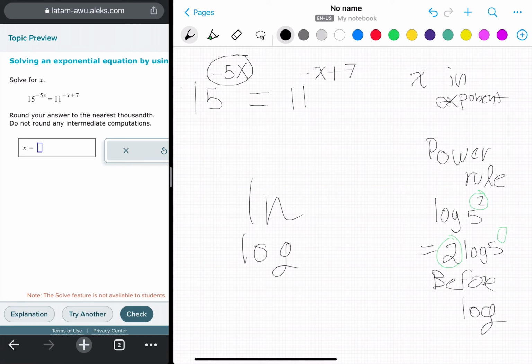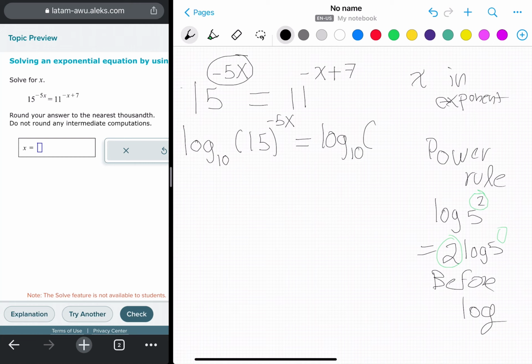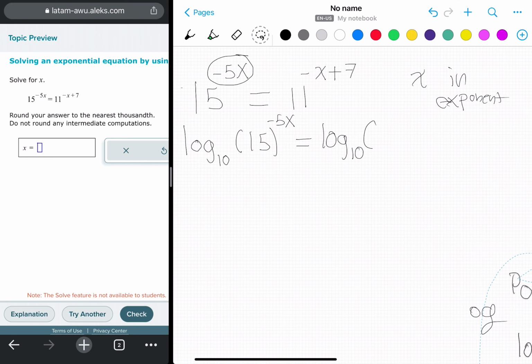For Alex, it's the same. The explanation that Alex gives you at first is with base 10, so let us use that. Let us use logarithm base 10 of 15 to the minus 5x equals logarithm base 10 of 11 to the minus x plus 7.